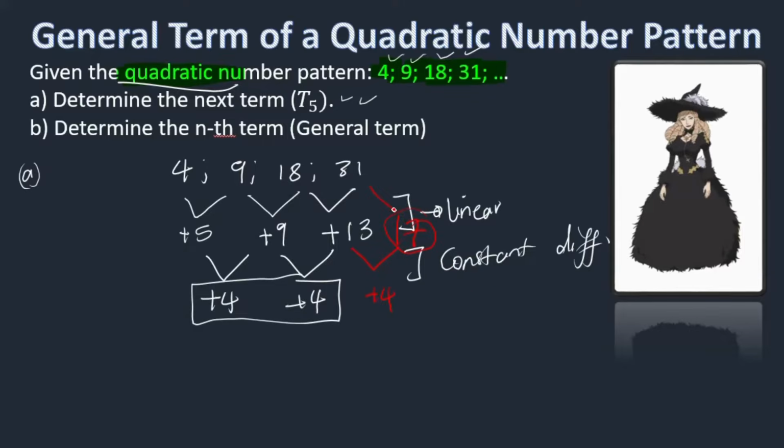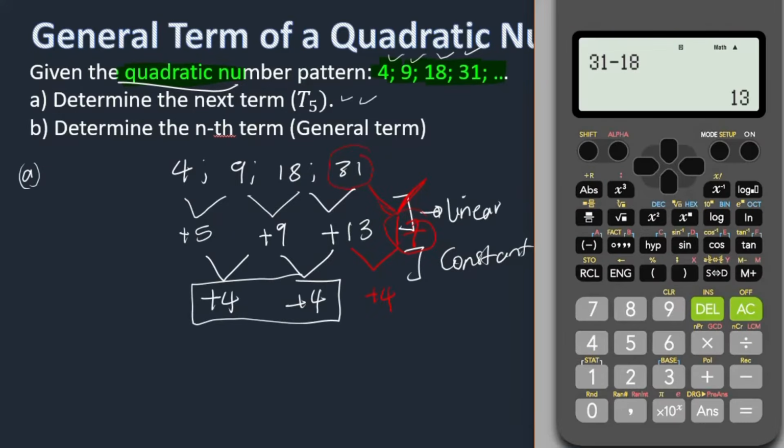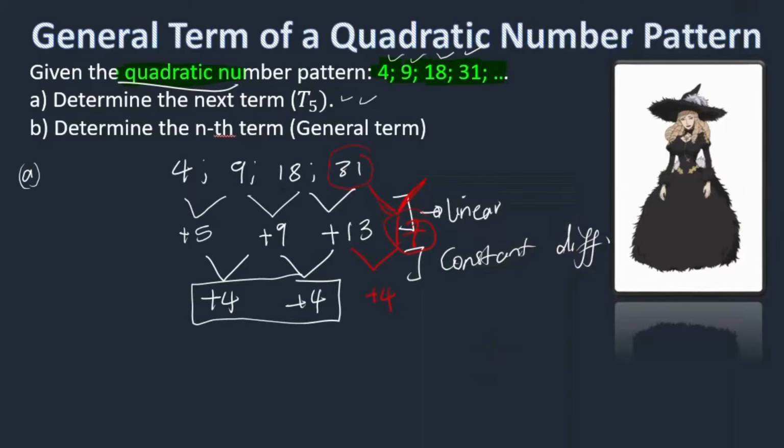And then to move from this term to the next one, I need to add this 17 to get to the next term. Let's say I don't want to make mistakes, so I take out my calculator there. And I do that. 31 plus 17 is equal to 48. Which means my next term here is 48.